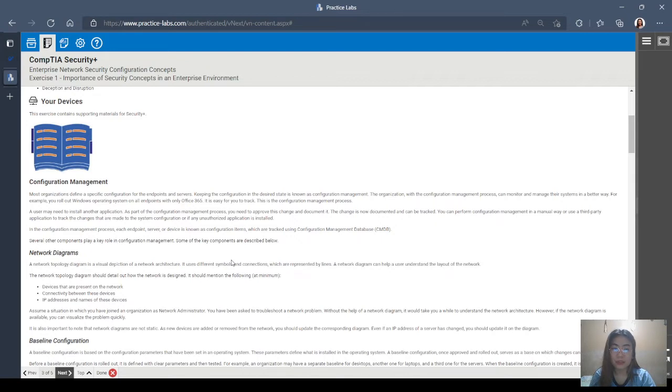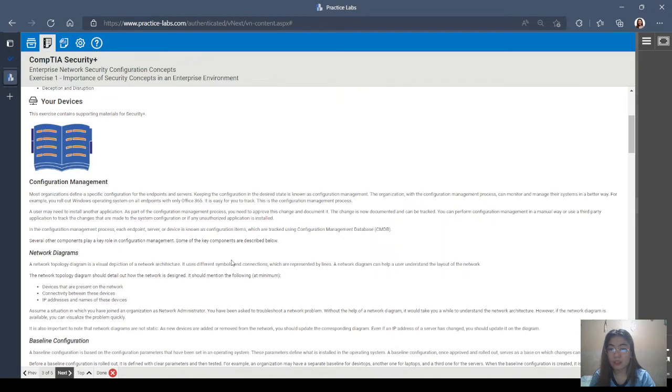You can perform configuration management in a manual way or use a third-party application to track the changes that are made to the system configuration or if any unauthorized application is installed. In the configuration management process, each endpoint, server, or device is known as a configuration item, which is tracked using a configuration management database.